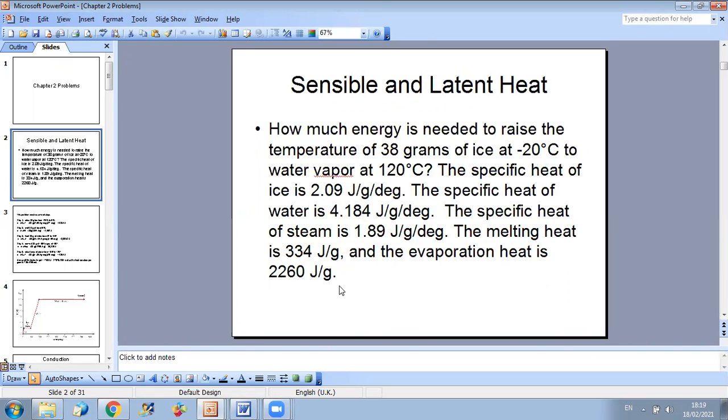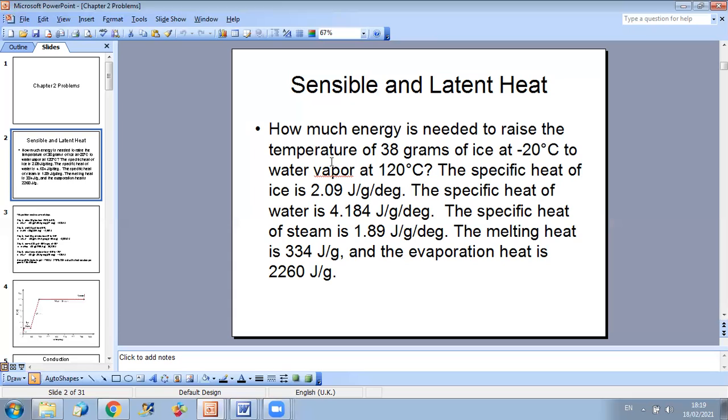2260 joule per kilogram. So in this example, what we can see is that we want to transform ice to vapor. So we will pass first from the ice phase to ice plus liquid. So we have a change of phase from ice to liquid.